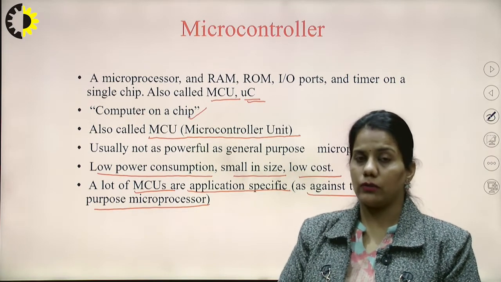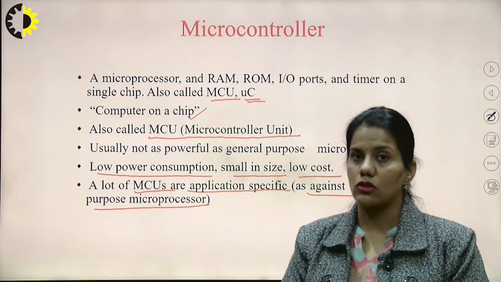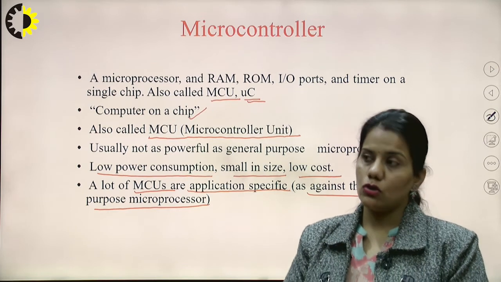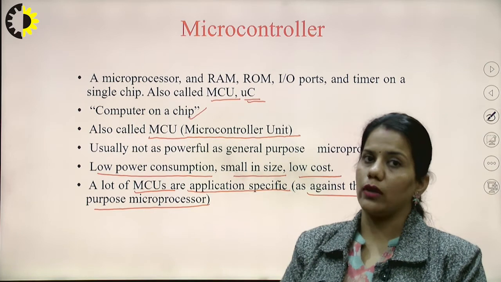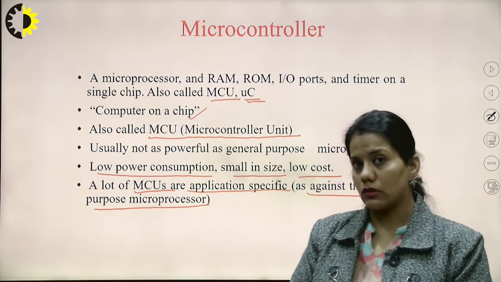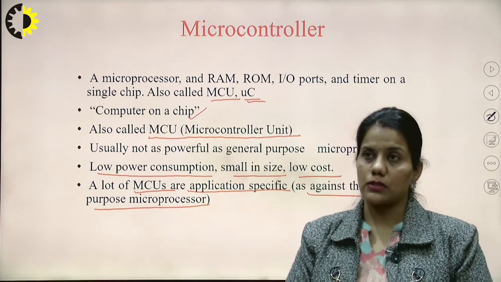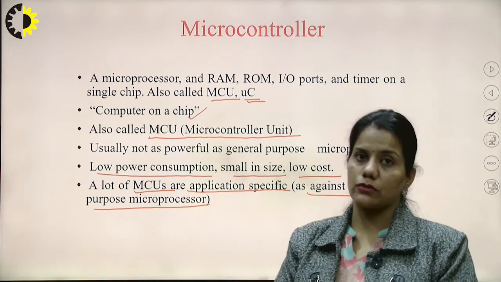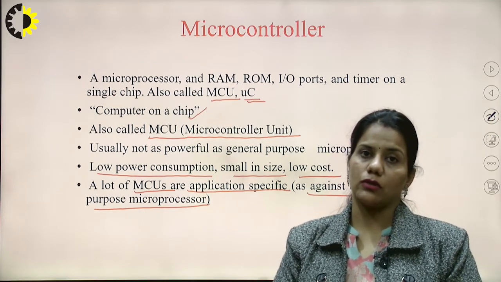According to our application demand, we can adjust the size of the memory, the size of the input-output ports, and so on. So we can design a microcontroller specific to our needs. It is not a generalized device, unlike the microprocessor. A microprocessor is a general device; we can perform many operations using it, but the flexibility with the microcontroller is very limited.